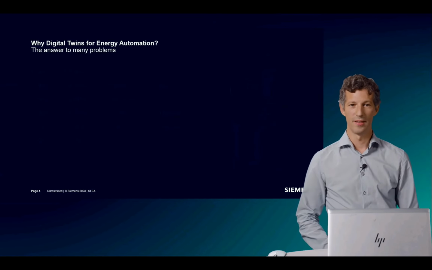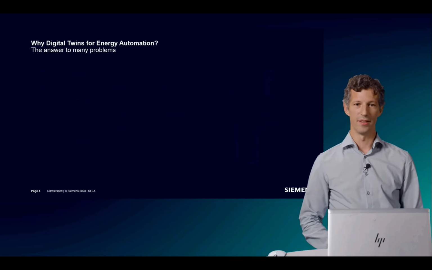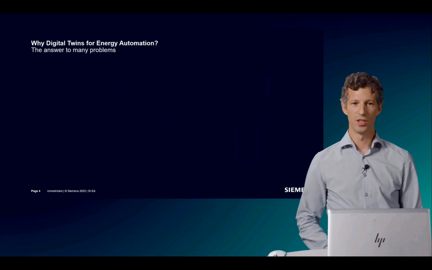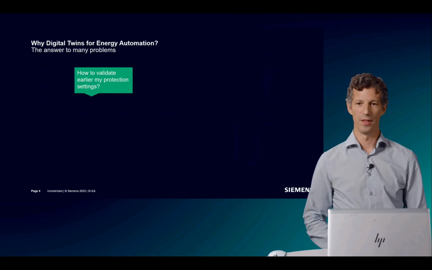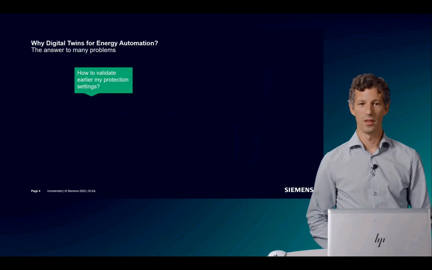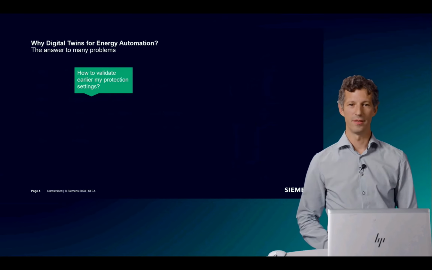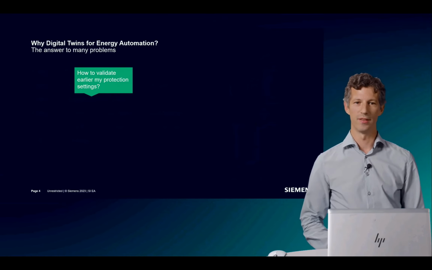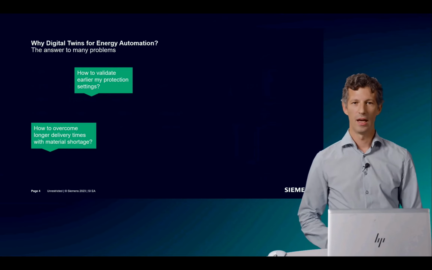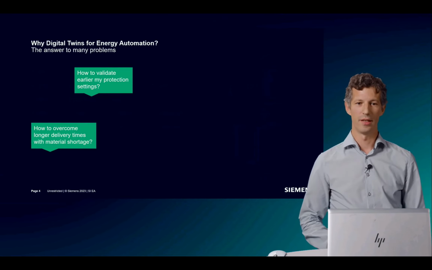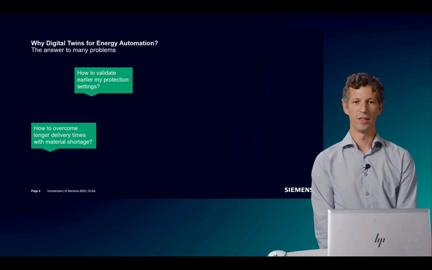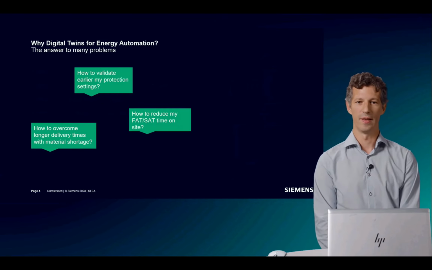But first, let us start with why virtual testing. Why digital twins for energy automation? This is the answer to many problems you are facing today. One being how to validate my protection settings as early as possible. How to decouple the hardware delivery times and panel production time to test the systems earlier.